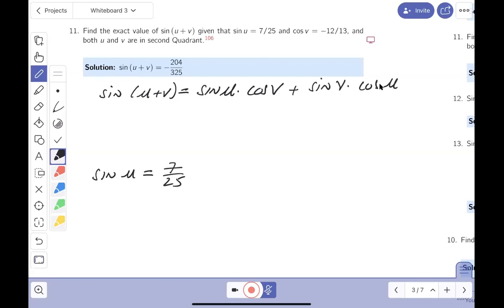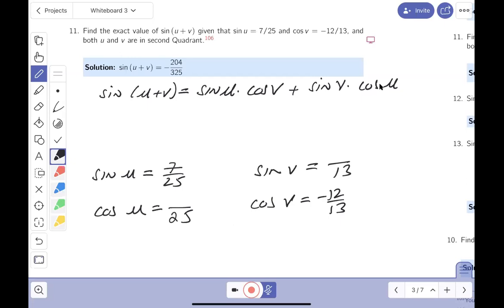And I know the cosine of v, and that's minus 12/13. I need those guys. Well, what else do I need? I need to know the cosine of u, and I need to know the sine of v. I don't know those guys. What I do know, though, is they have a radius of 25 in this case, and a radius over here of 13.